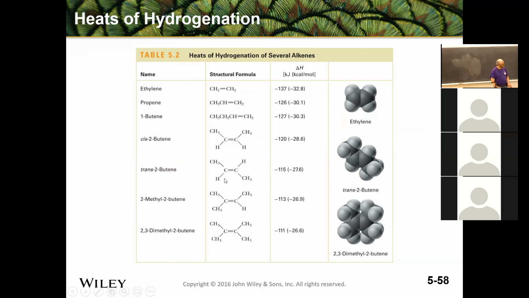If we take trans-2-butene and we replace one of these hydrogens with a methyl, the heat of hydrogenation continues to go down. And then if we replace all 4 of the hydrogens with methyls, now it's down to negative 111. So the more substituents you have connected to that double bond, the more stable it is.